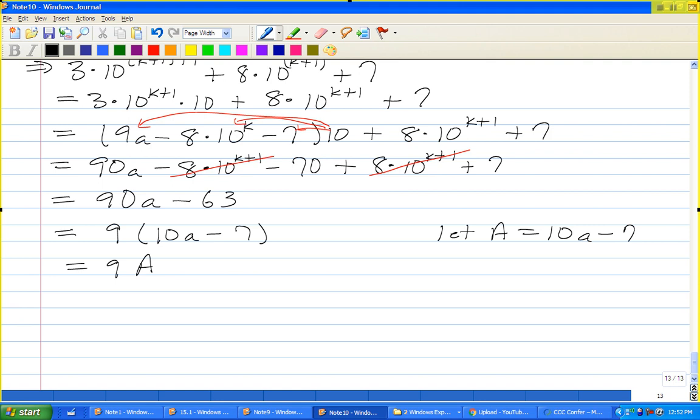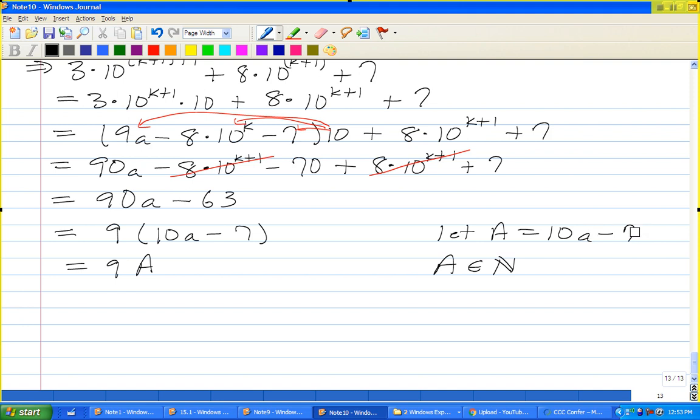And then 10a minus 7 is a natural number because if a is a natural number, then 10a has got to be at least 10, some multiple of 10, so 10, 20, 30, 40.